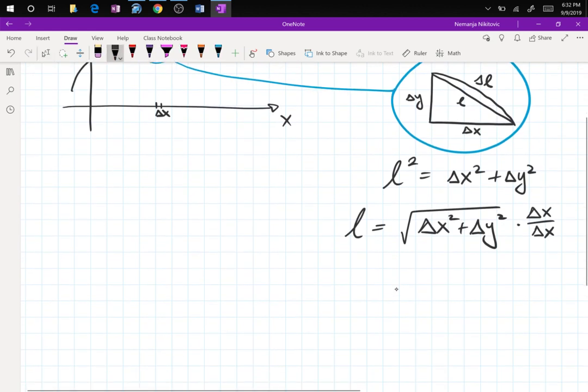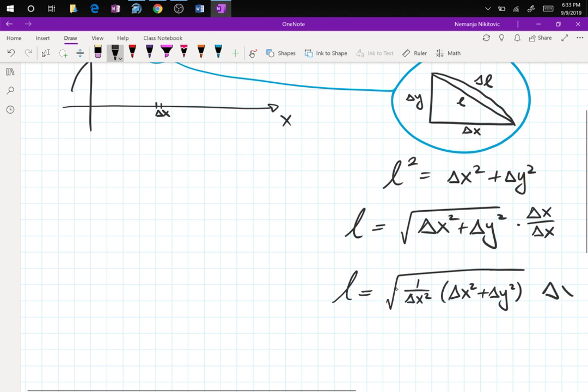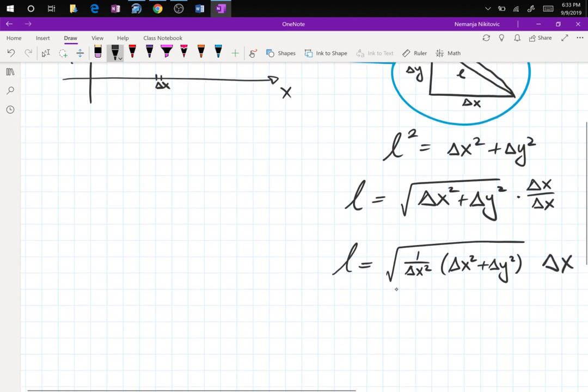And now I'm going to take 1 over delta x and ship it inside the radical, and the delta x that is in the numerator will stay outside. So L equals the square root of 1 over delta x squared, because when you stuff it under the square root it picks up a square, times delta x squared plus delta y squared, and you have delta x left on the outside.